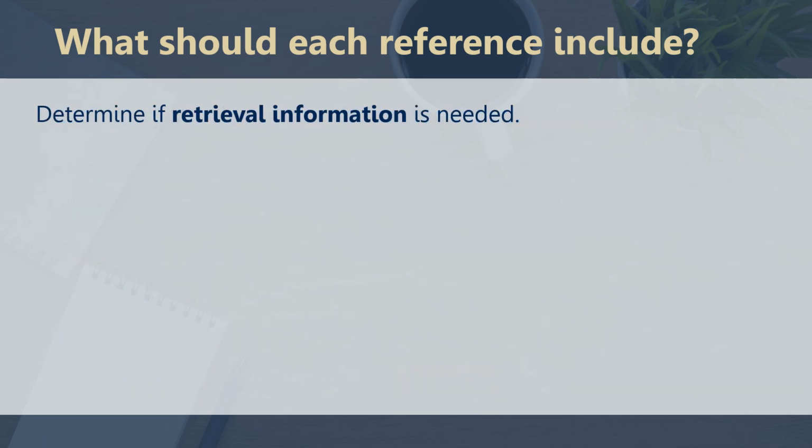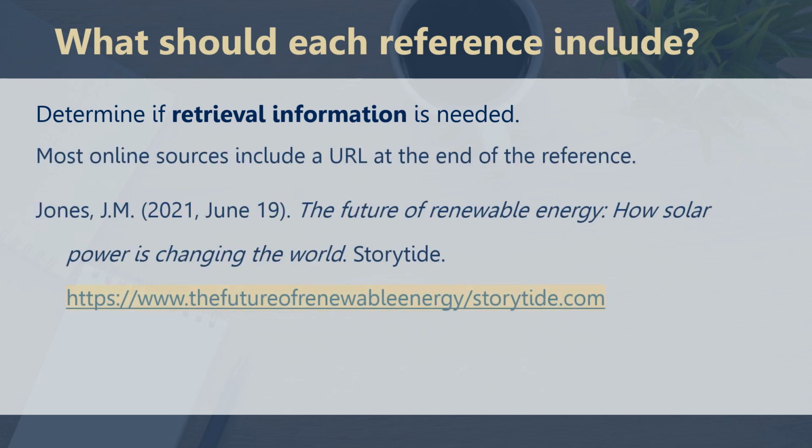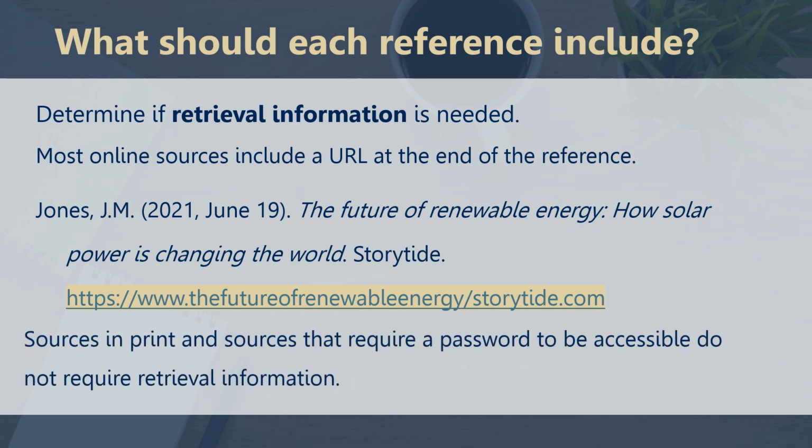Finally, determine if retrieval information is needed. Most online sources, like the website reference shown, include a URL at the end of the reference. If you utilize a source in print, like a book, or if you locate a source that requires a password to access the source, then retrieval information is not needed.